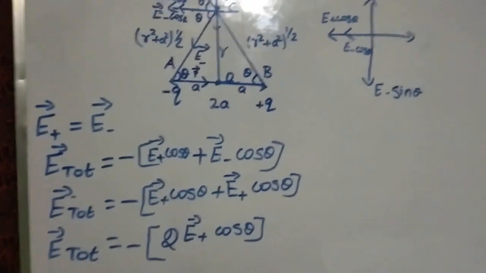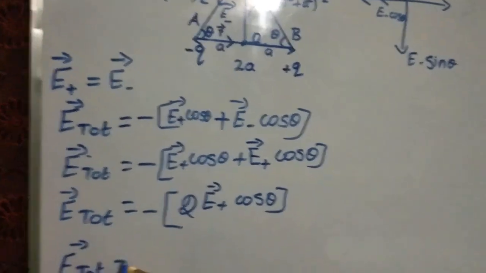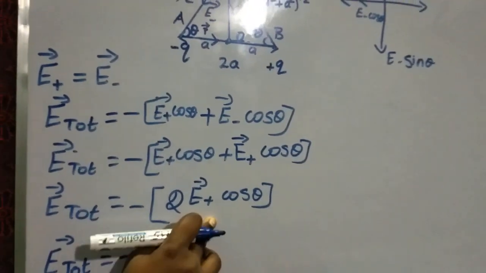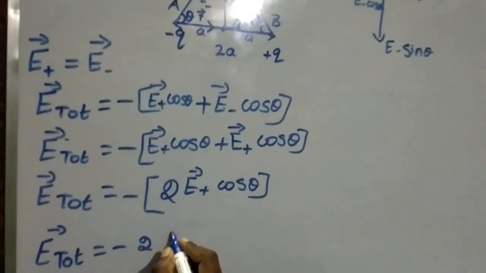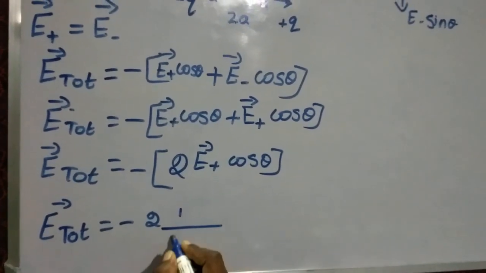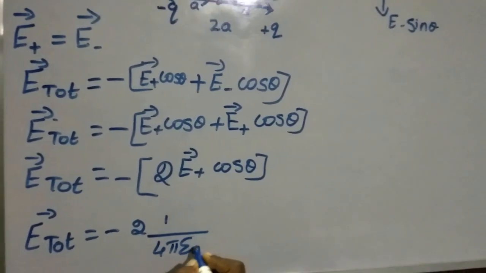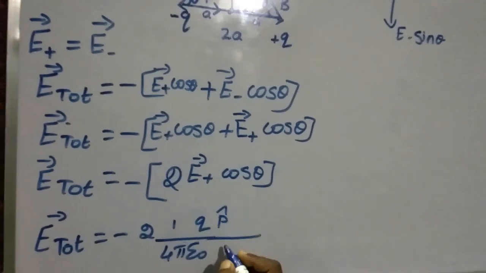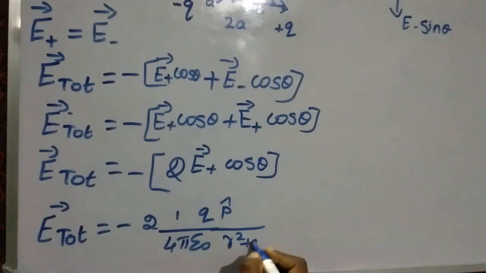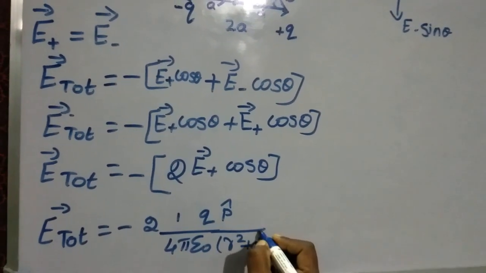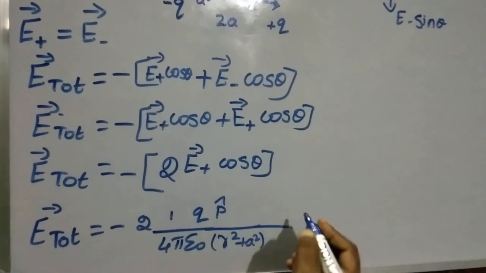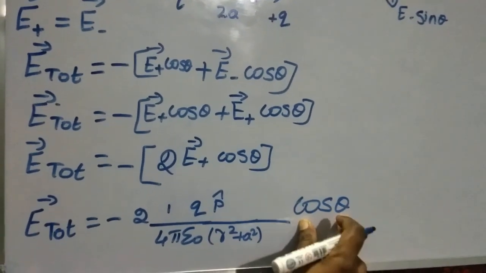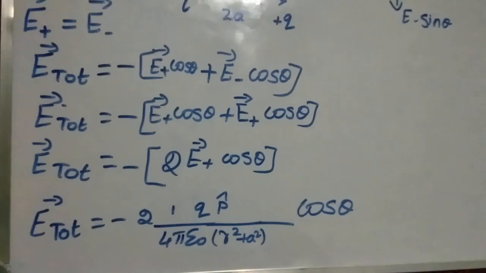E total vector equal to minus 2 into the value of E plus vector, which is 1 by 4 pi epsilon 0 q p cap by (r square plus a square) into cos theta. Now we are going to substitute the value of cos theta.